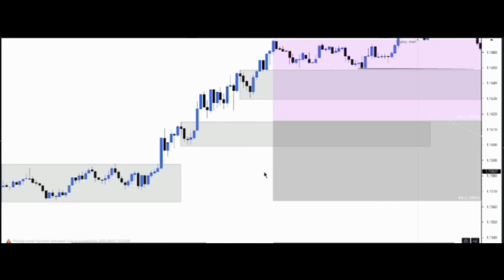Now, I'm going to explain to you what I mean by the dragon fair value gap. The dragon fair value gap is a gap that has been able to bury price in the most recent past up to 3 times. Once you find a fair value gap that has buried price for about 3 times in the most recent past, that becomes your dragon fair value gap, and that becomes a high probability zone for you to look at.